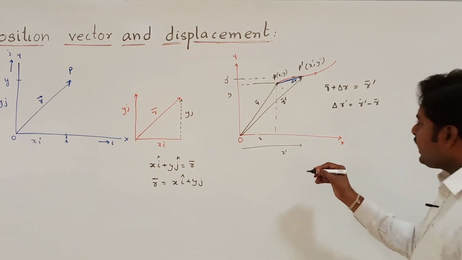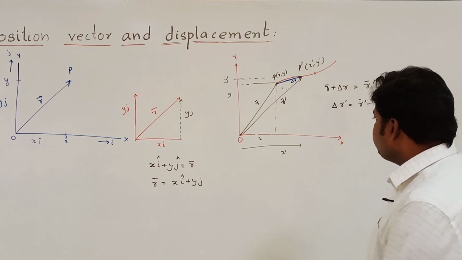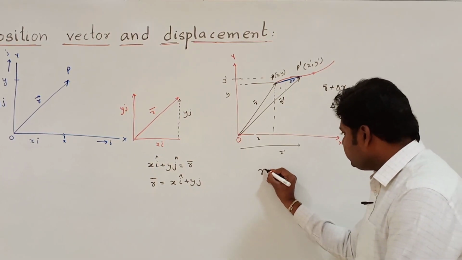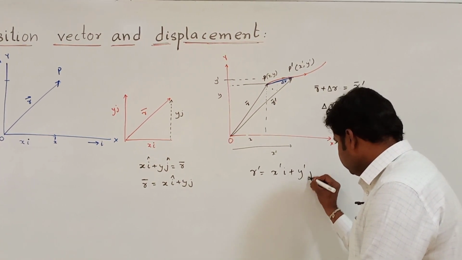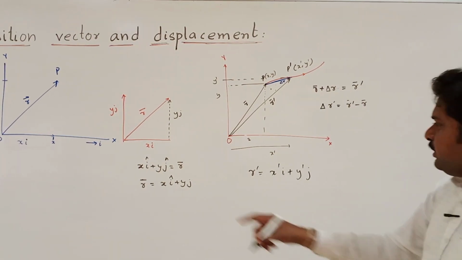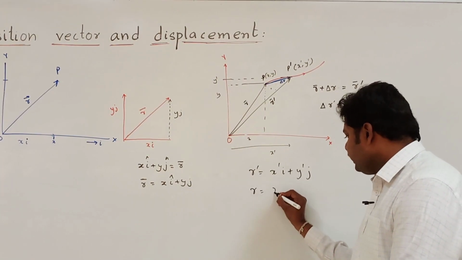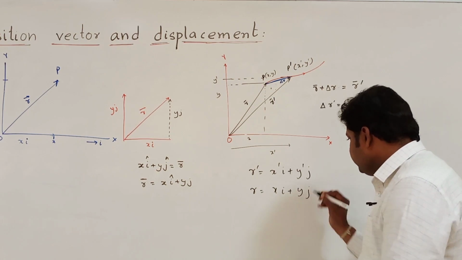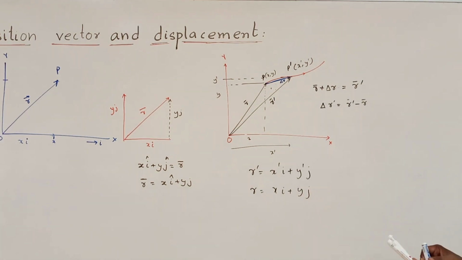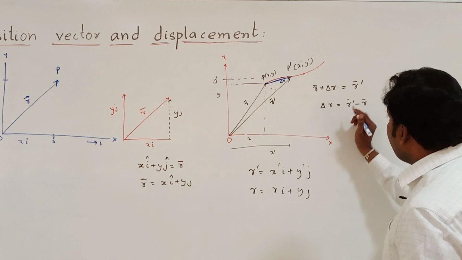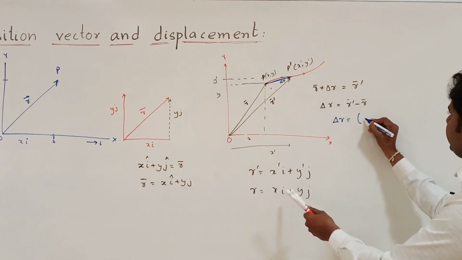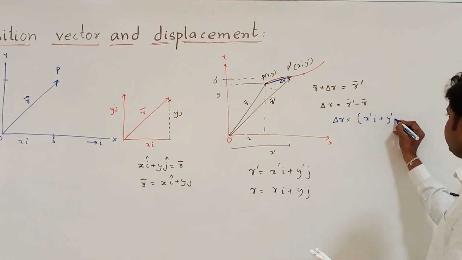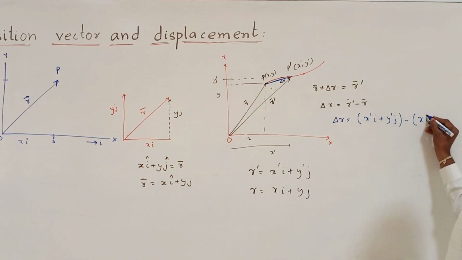Now how to write the R dash vector components? R dash vector is equal to x dash i plus y dash j, and r is equal to xi plus yj. Now delta r is equal to (x dash i plus y dash j) minus (xi plus yj).